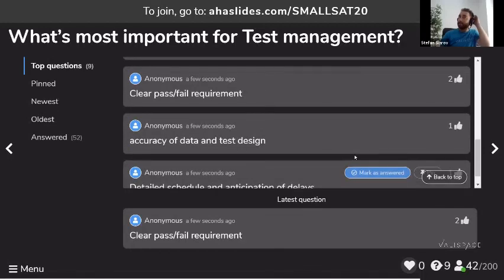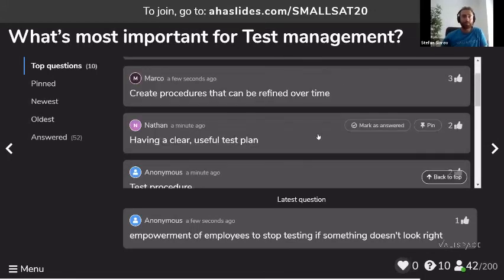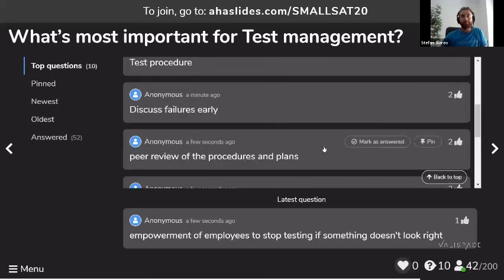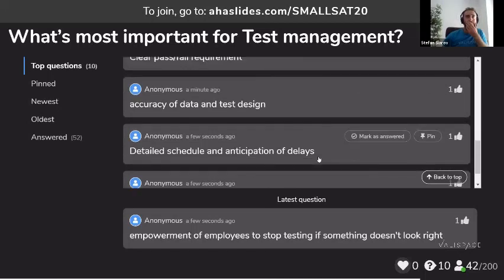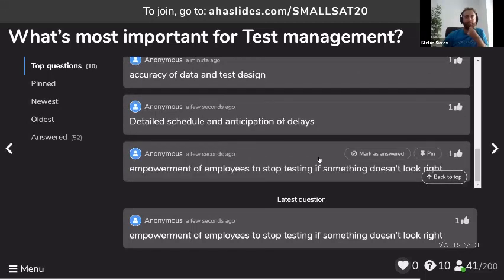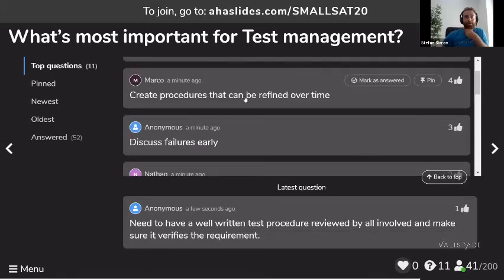Okay, so I see a few topics here which are very clear: the documentation, the capturing of test procedures, making test procedures in a way that they can actually change over time when necessary, and refine them. So anyone who wants to share something here live with the rest of the audience? Okay, Marco, you can maybe just take a minute to explain a bit further what you mean with refining the test procedures over time.